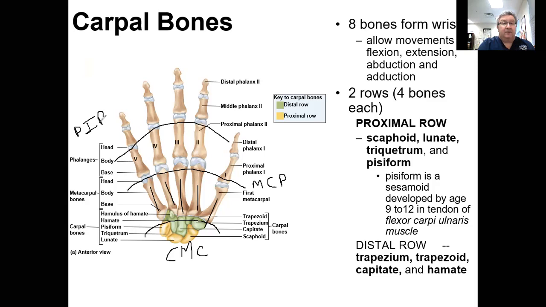If you were to take your finger and just bend part of it, you are bending at the proximal interphalangeal joint. If I take my hand and do this, I'm bending at the metacarpal phalangeal joint.